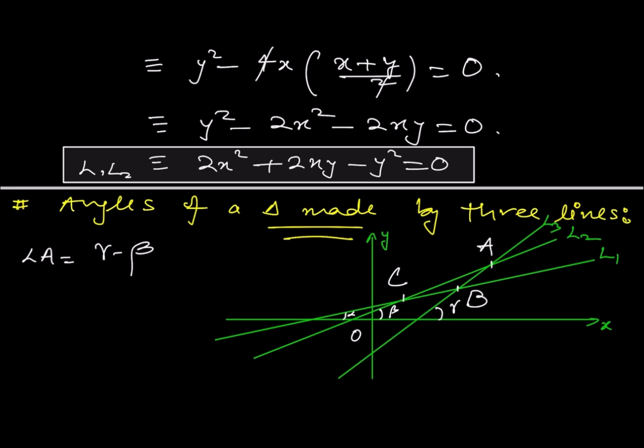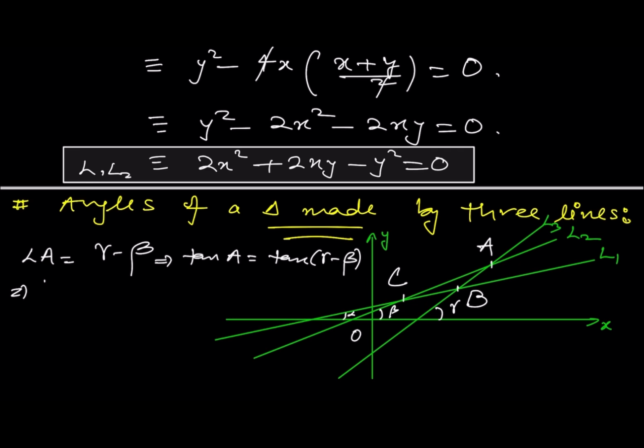And if I take tan on both sides, then tan A is equal to tan of gamma minus beta, and after expanding using tan A minus B, this tan gamma is the slope of line L3 and tan beta is the slope of line L2, which will be represented by M3 and M2.